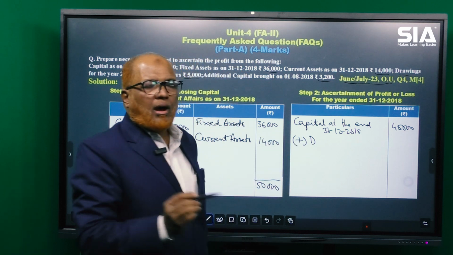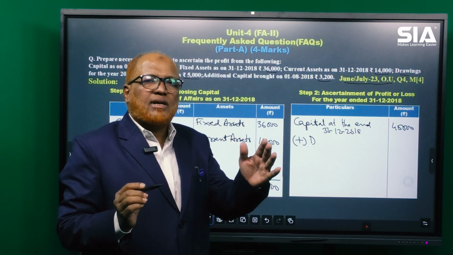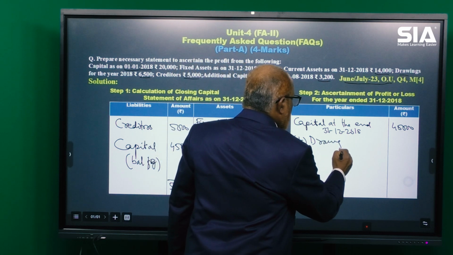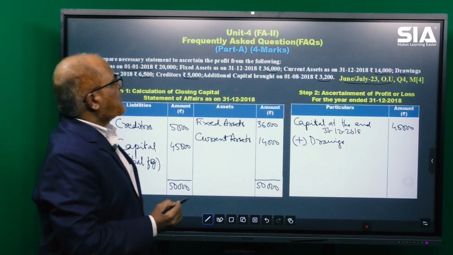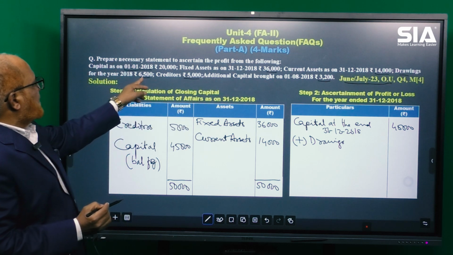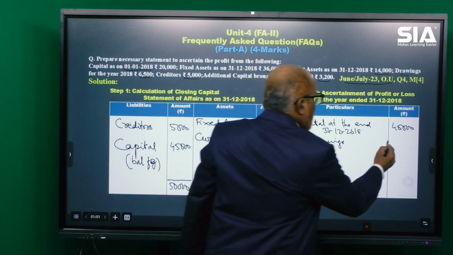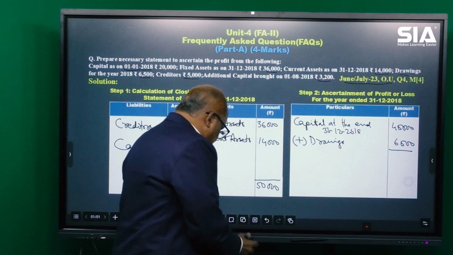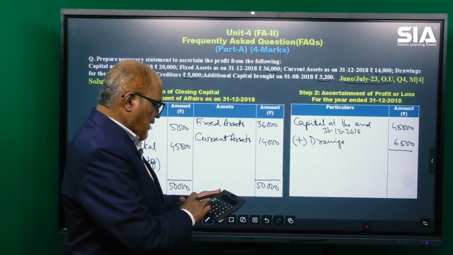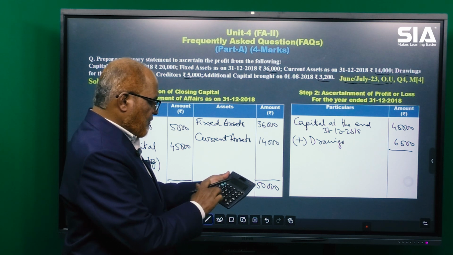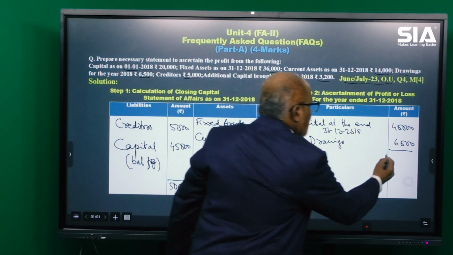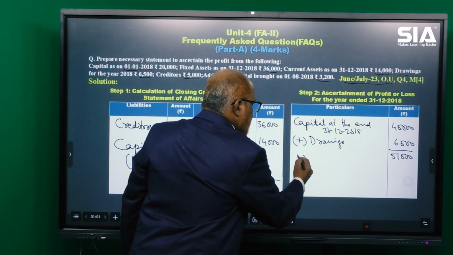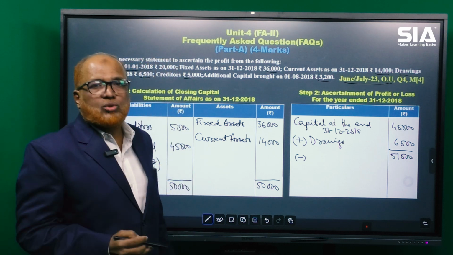Always remember how to find out the profit: take capital at the end of the year, to that you add drawings made during the year. How much are the drawings made during the year? There it is given for the year, 6,500. So 45,000 plus 6,500, you will get 51,500. From this we subtract any further capital introduced during the year.